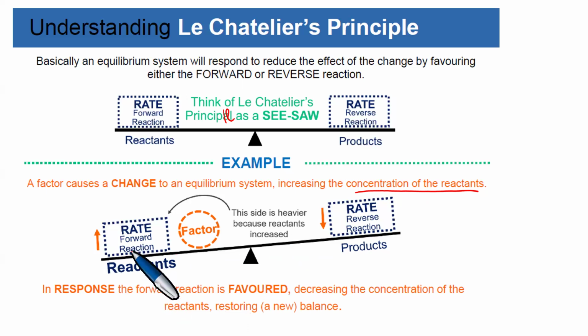The concentration of the reactants increased, and therefore they're heavier, so this is not balanced. So what does Le Chatelier's principle say?